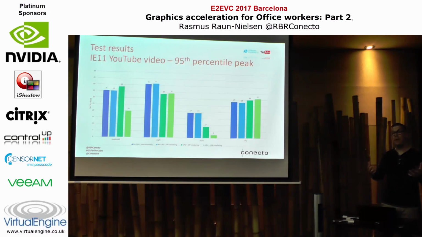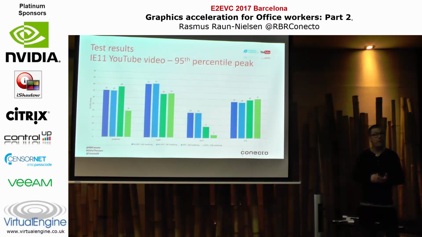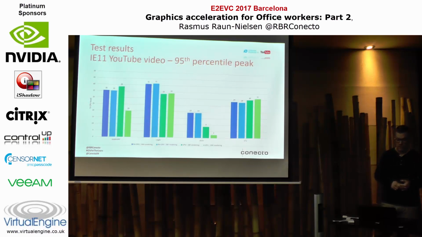But as soon as we enable the hardware rendering, then it drops significantly. And this is because when we are enabling the hardware rendering, we are utilizing the NV decode portion of the Tesla card, so we are making the graphics card do the decoding of the H.264 video from YouTube. And of course that offloads the CPU by quite a lot.